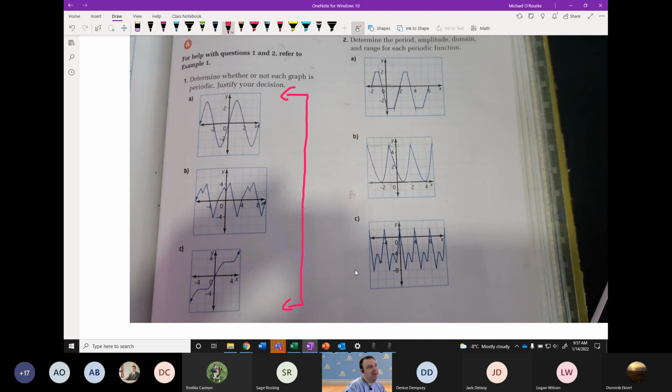Do not press enter. Which one of these are periodic? Which one of those is periodic? On the count of 5, 1, 3, 5, go.